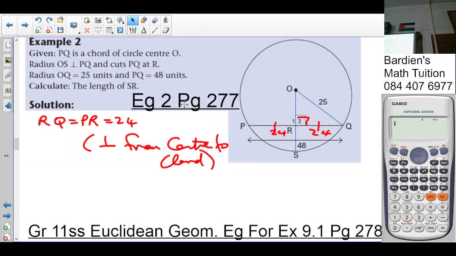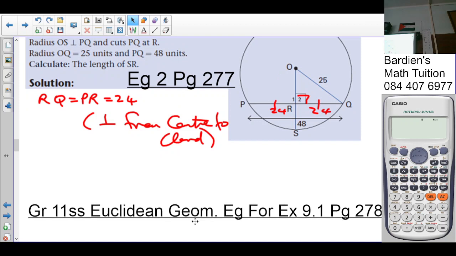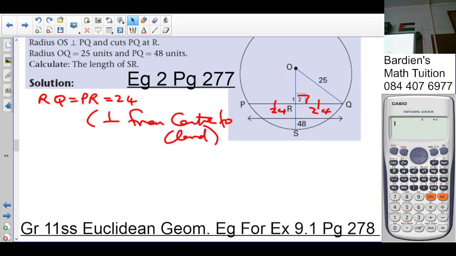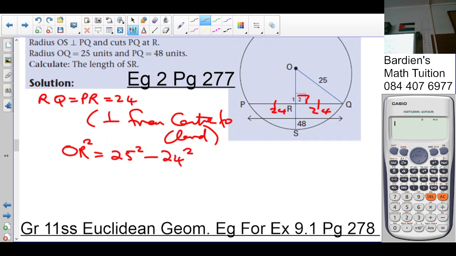Alright, so what do we say now? Can we apply Pythagoras as it stands there? Can I calculate OR at this point? Yes, I have enough information. So OR squared is equal to 25 squared minus 24 squared, because of Pythagoras with angle R2 equals 90 degrees.